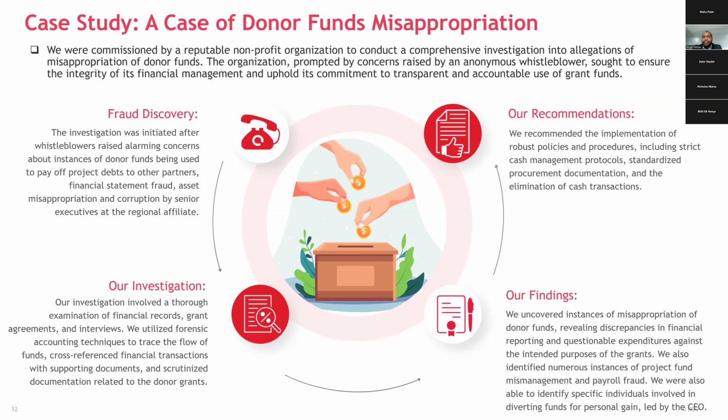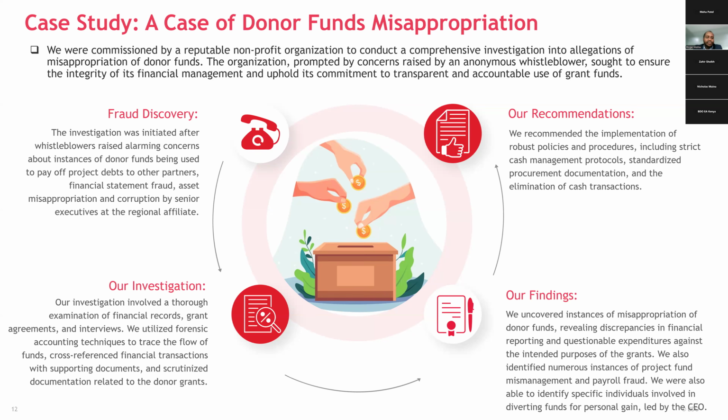So this whistleblower reached out to the organization and reported a case of the misappropriation of funds within the organization that they work with. So the first key thing that you can tell here is the whistleblower didn't go to the organization's leadership, rather they went directly to the donor organization.